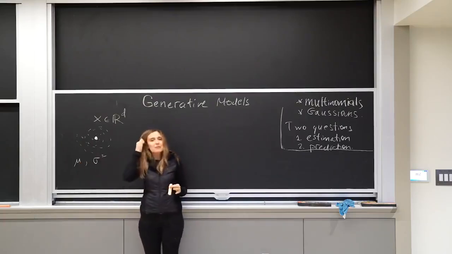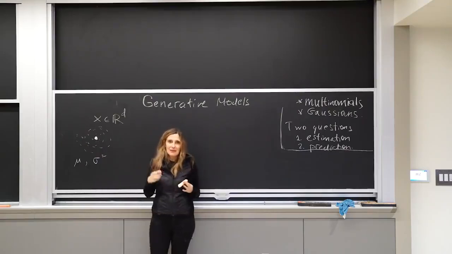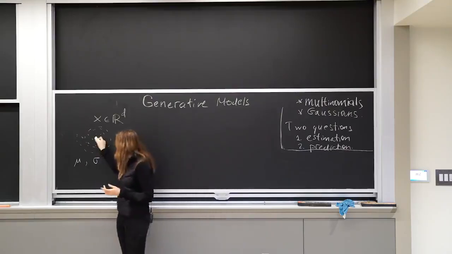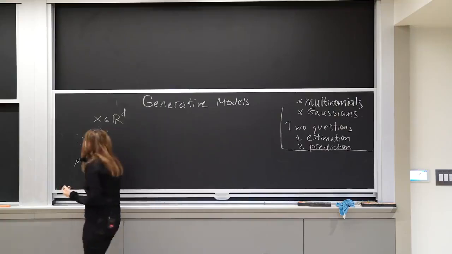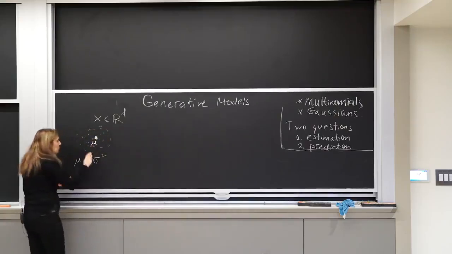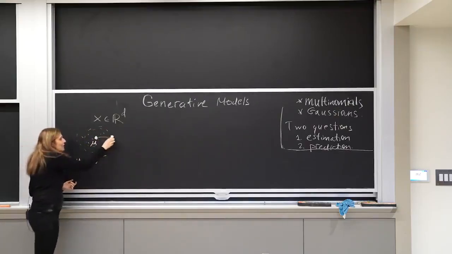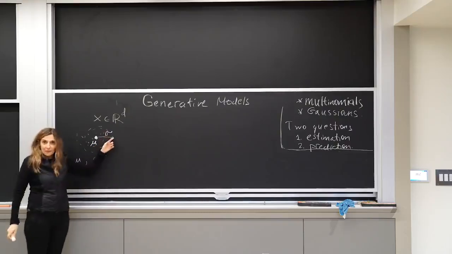And typically when people think about Gaussians, in their head they're thinking about the sphere. Again, the center here would be mu, and the radius of this sphere would be the sigma.